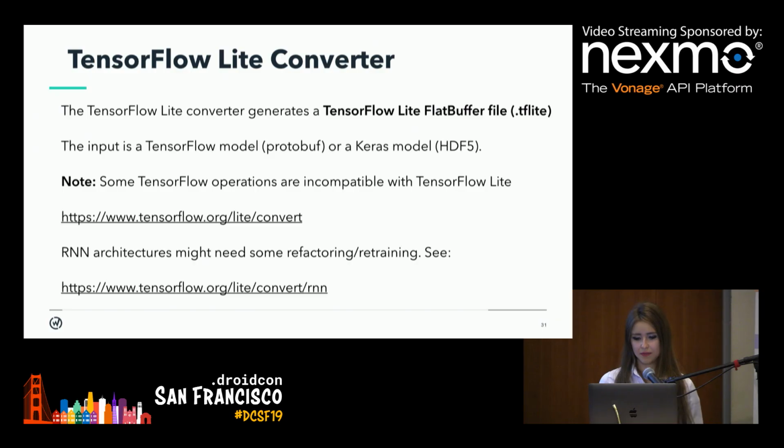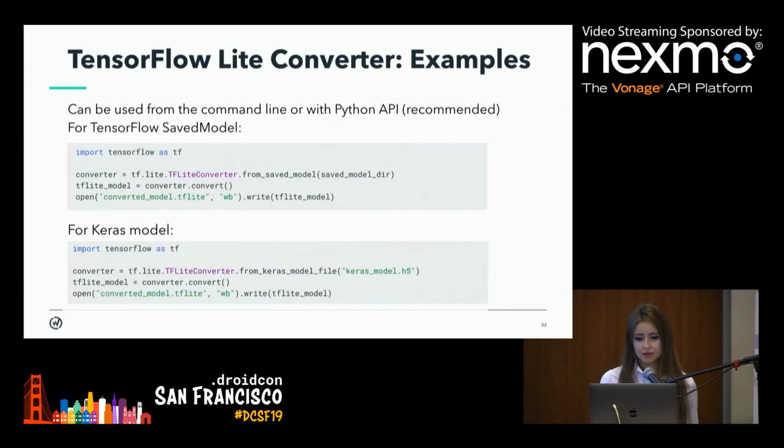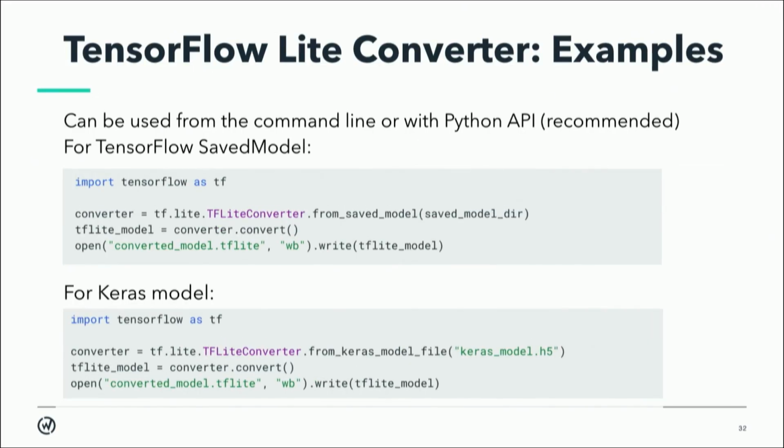The input can be a TensorFlow model, a protobuf, or a Keras model, HDF5. Here's an example of how you would perform that conversion. It can be done on the command line, but it's recommended to use the Python API for that. Overall, I would say it's fairly simple. We'll just be calling the convert method on the TensorFlow Lite converter.